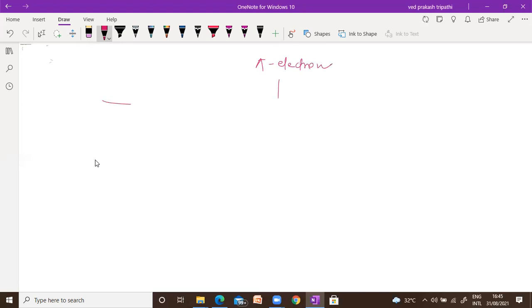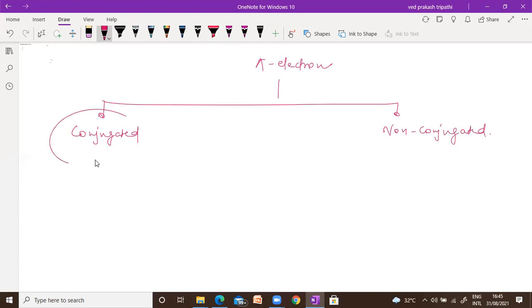Pi electrons are of 2 types: conjugated and non-conjugated. Conjugated means resonance, also known as delocalized, while non-conjugated is localized.